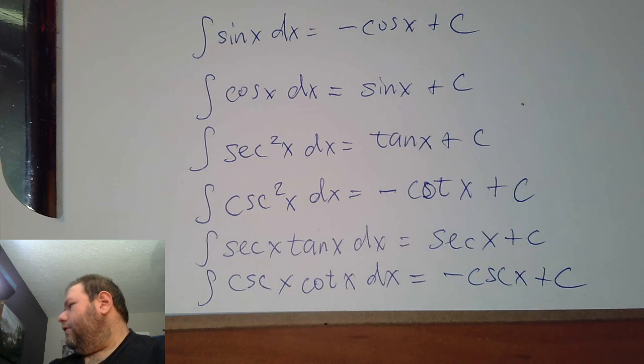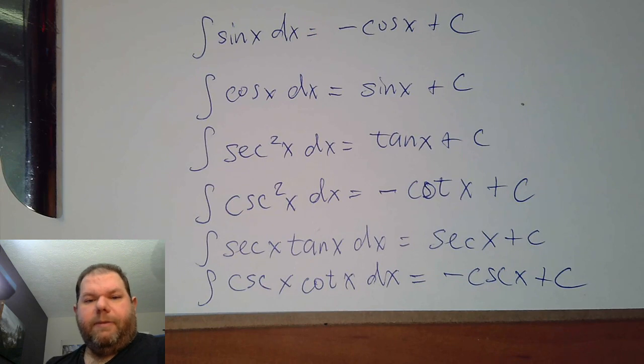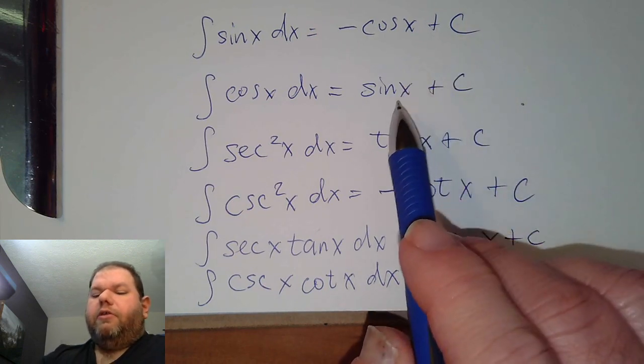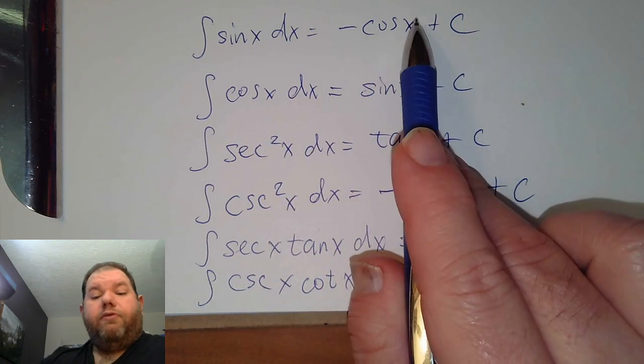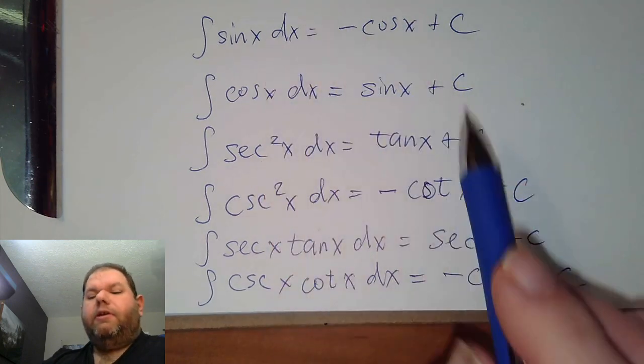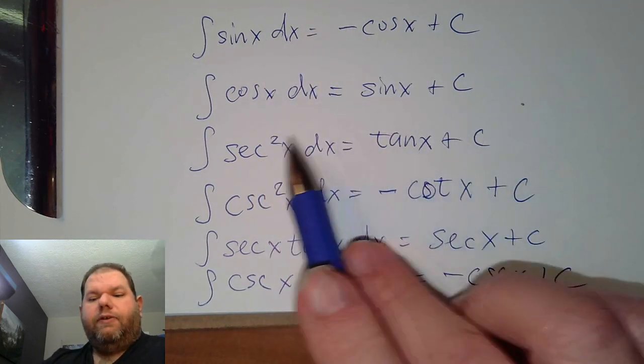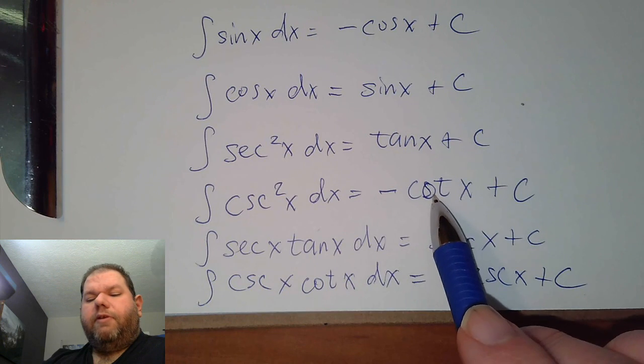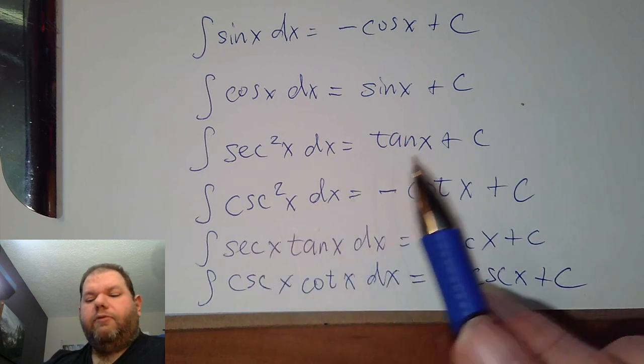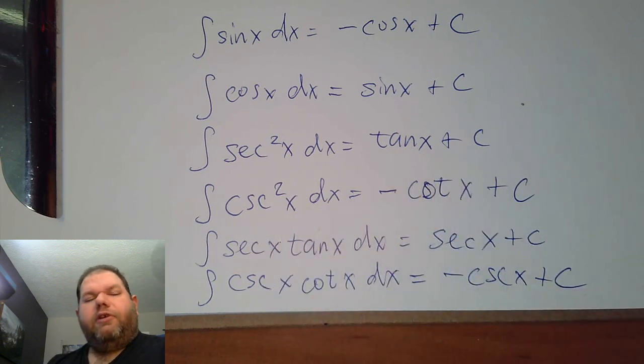Now, these are based on the derivatives of the 6 basic trig functions. We know the derivative of sine is cosine, the derivative of cosine is negative sine, the derivative of tangent is secant squared, the derivative of cotangent is negative cosecant squared, and so on. So we've just reversed those to set up these integration formulas.